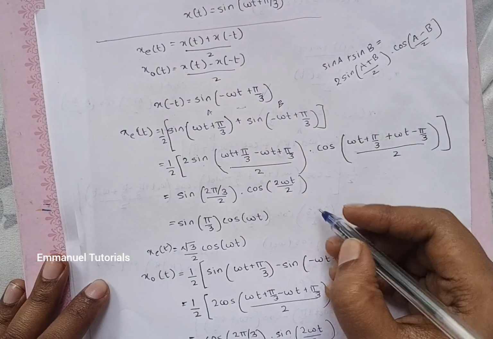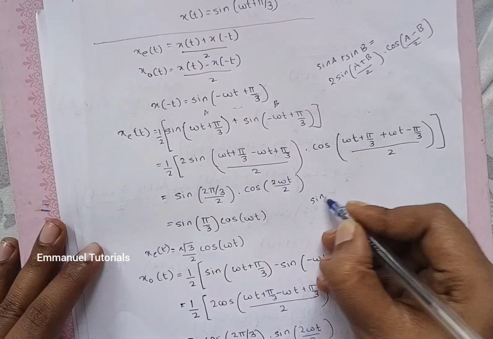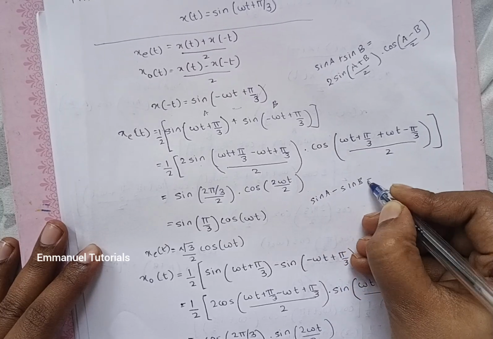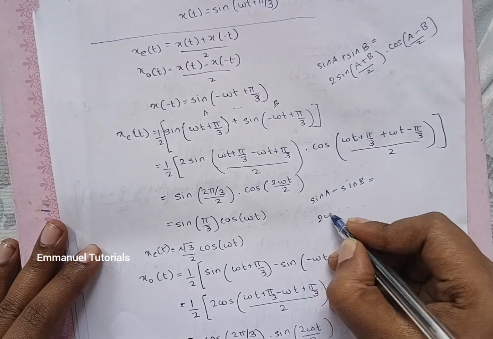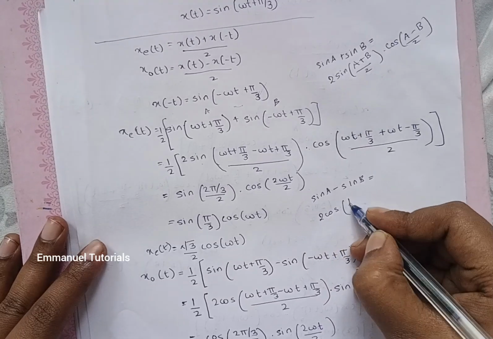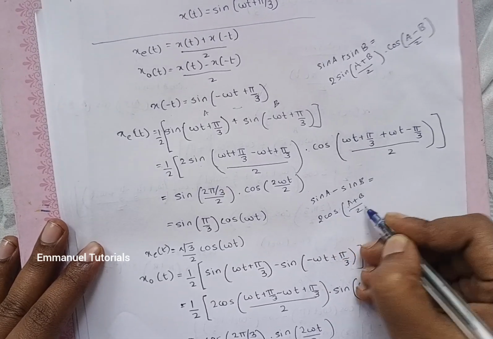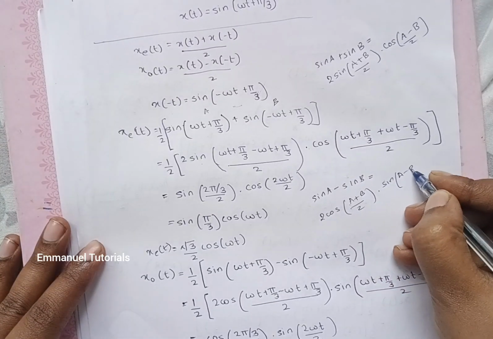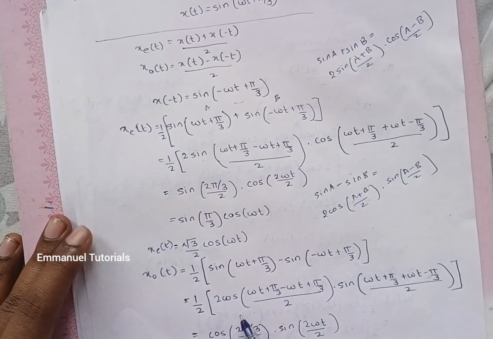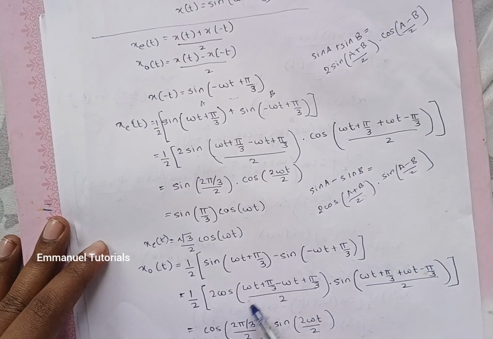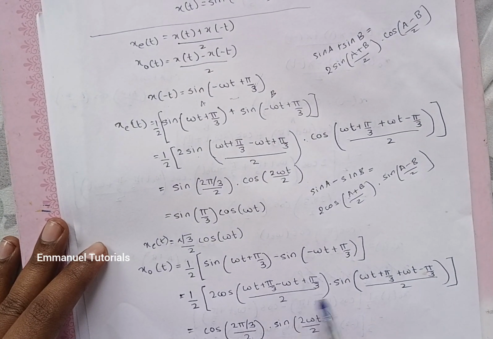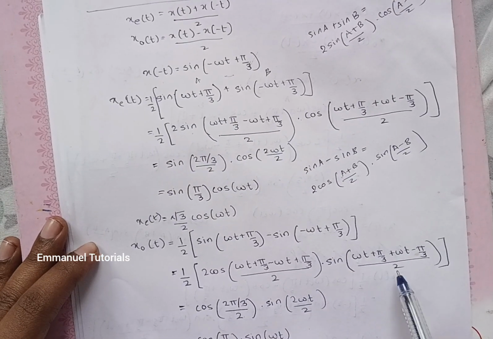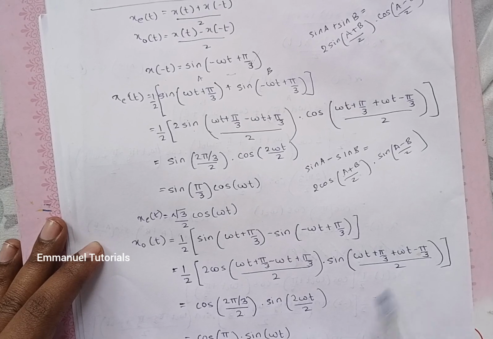This is in the format of sine A minus sine B, which is equal to 2 cos A plus B by 2 multiplied by sine A minus B by 2. So that is what we'll substitute here. So it will be 2 cos omega t plus pi by 3 minus omega t plus pi by 3, by 2, multiplied by sine omega t plus pi by 3 plus omega t minus pi by 3, by 2.